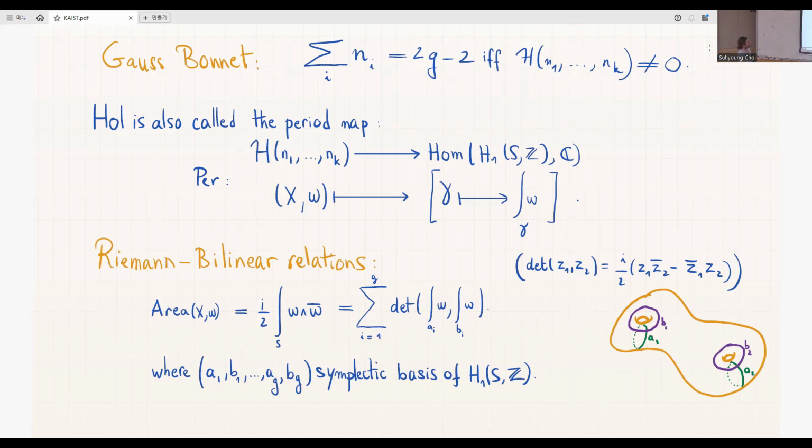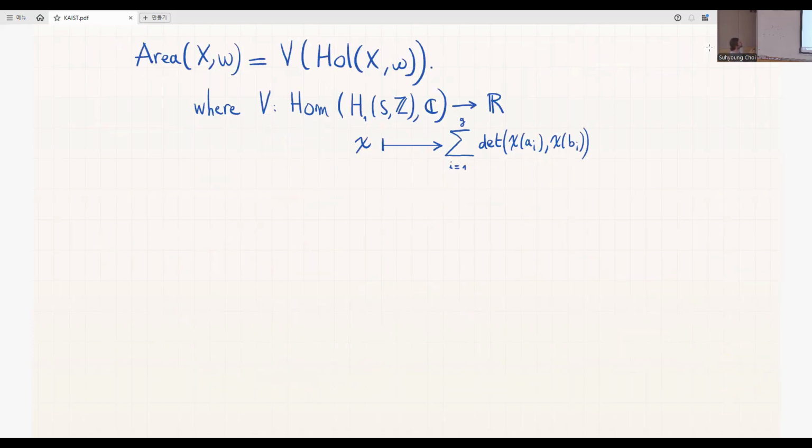And what is very nice in this formula is that you see that the area, which is some geometric information, is only computed by looking at the holonomy, right? What I have on the right-hand side only depends on the periods. So that's what I have written here. The area is a function of the holonomy, and the function is this one.